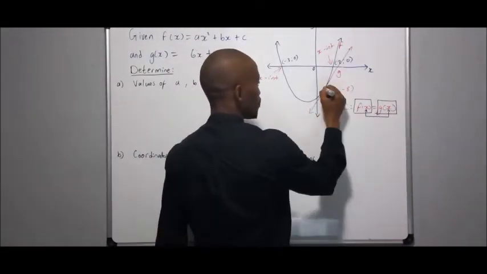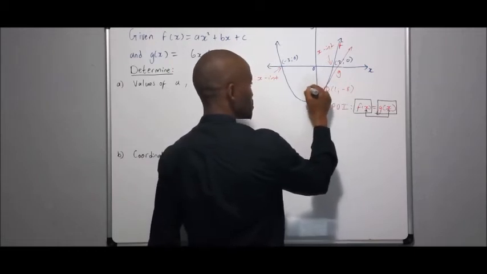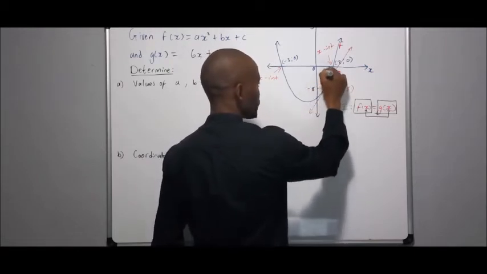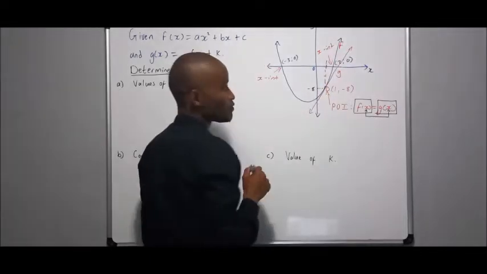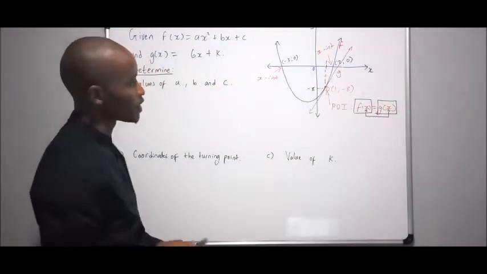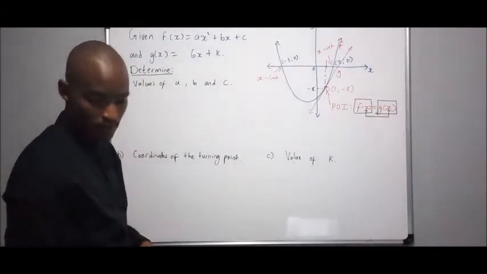So we are talking about this: this is -8, and that is 1 for both functions. Great stuff.